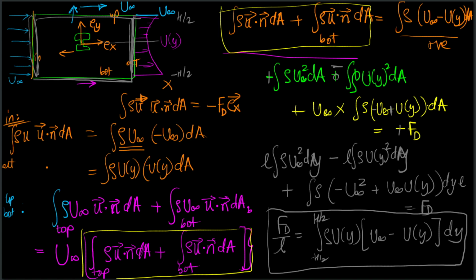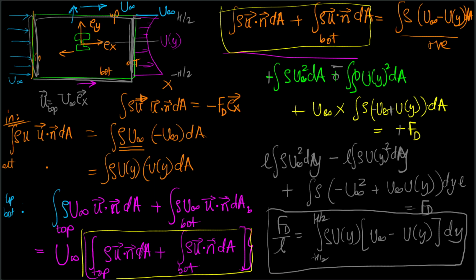At the top surface, vector u will be u infinity ex. And also at the top surface, vector n will be ey. And then vector u dot vector n at the top surface will be 0. I'll tell you why that small issue is happening.